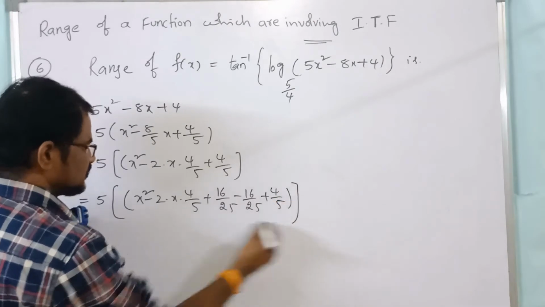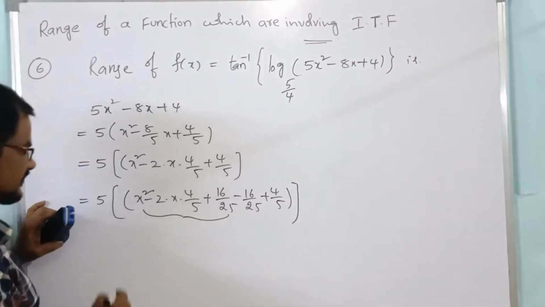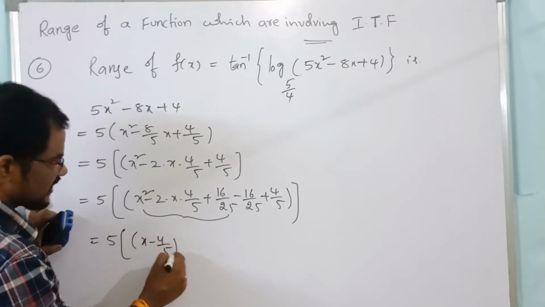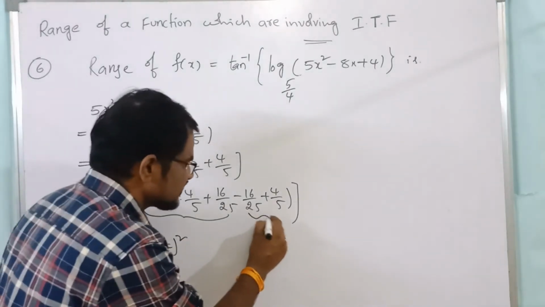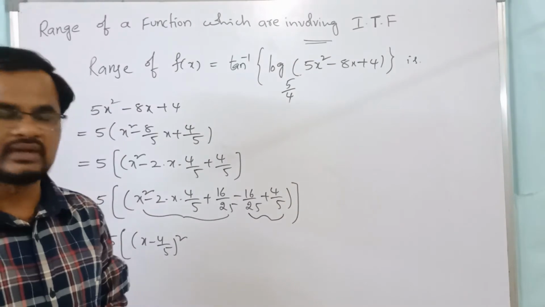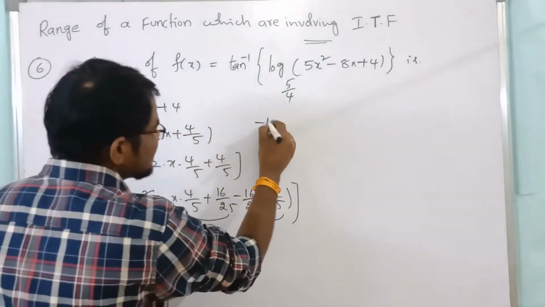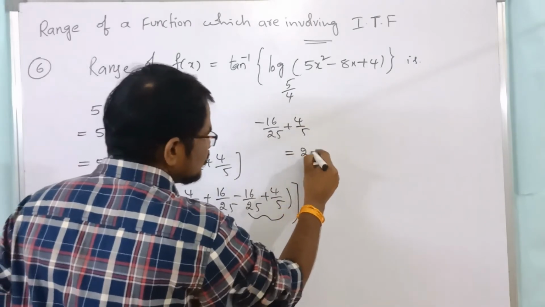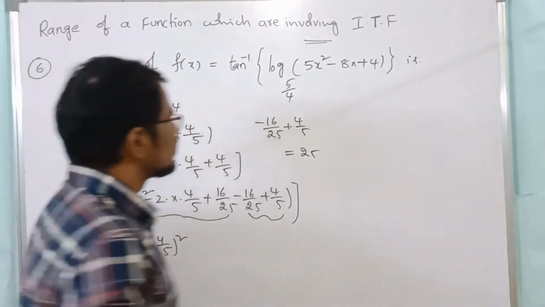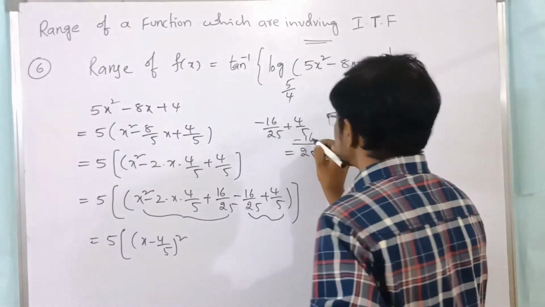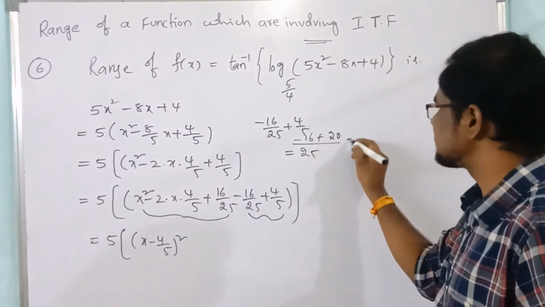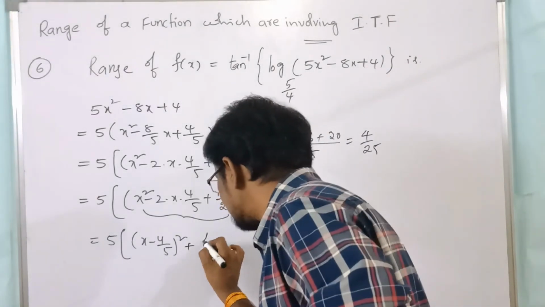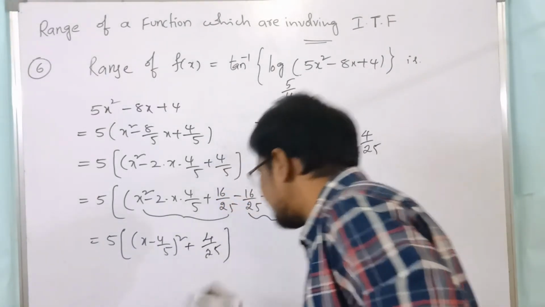Now from these three you can write x minus 4 by 5 whole square. Now simplify these two. So what will we get? Minus 16 by 25 plus 4 by 5, that is over 25. Minus 16 plus 20, that is equal to 4 by 25.